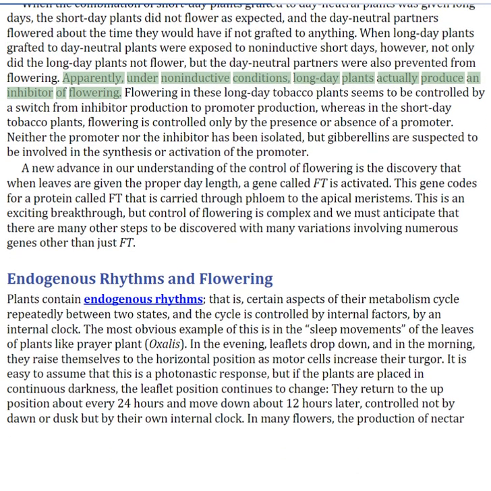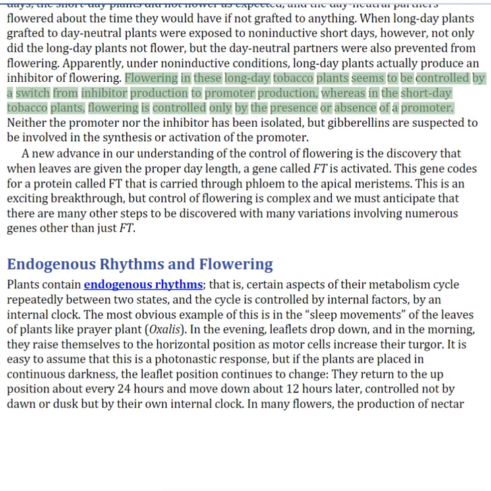Apparently, under non-inductive conditions, long-day plants actually produce an inhibitor of flowering. Flowering in these long-day tobacco plants seems to be controlled by a switch from inhibitor production to promoter production, whereas in the short-day tobacco plants, flowering is controlled only by the presence or absence of a promoter.